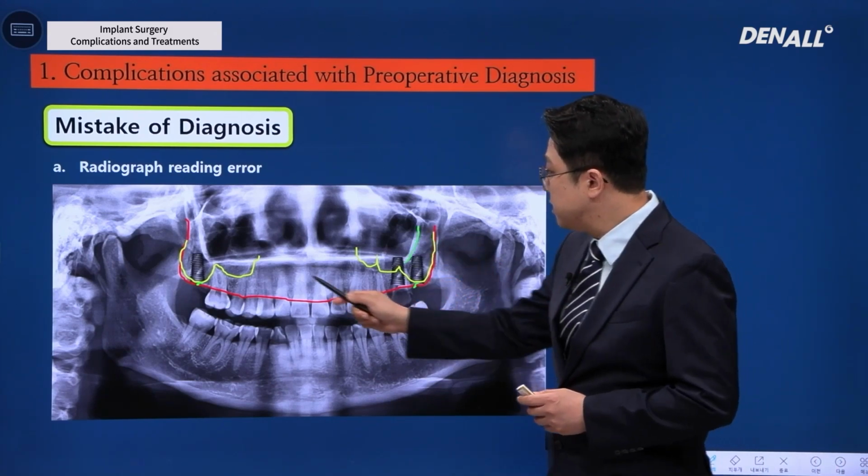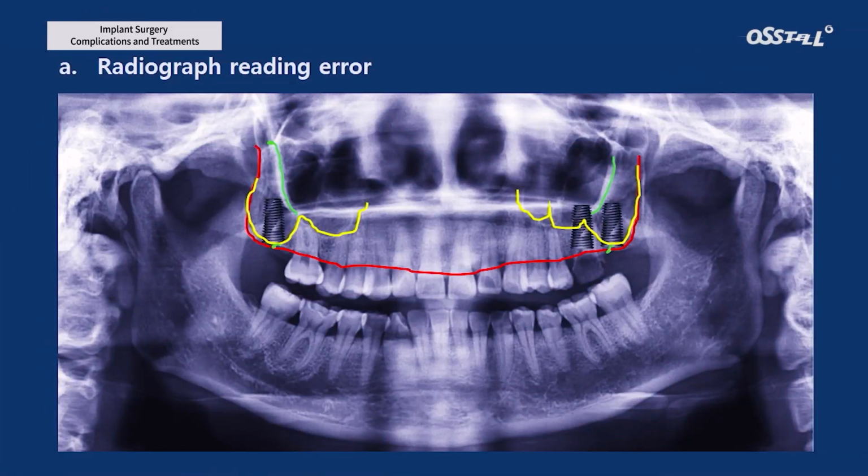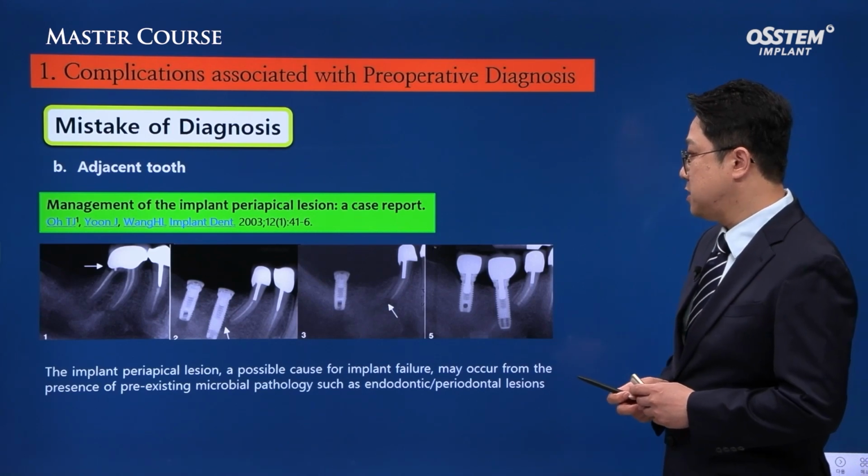The strong white line is not the border of the sinus, but is the maxillary zygomatic process. If you read the x-ray wrong, once you start the implant surgery, then you can find yourself in a really bad situation.